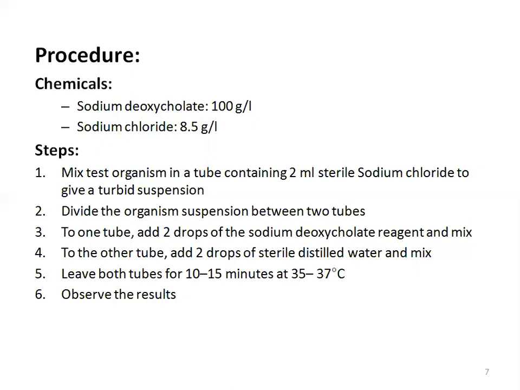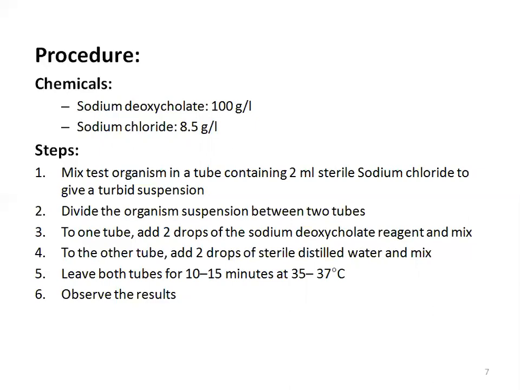Then you will divide the organism suspension between two tubes. You will transfer half the amount of the suspension into another tube. Then to one tube, add 2 drops of sodium deoxycholate and mix.